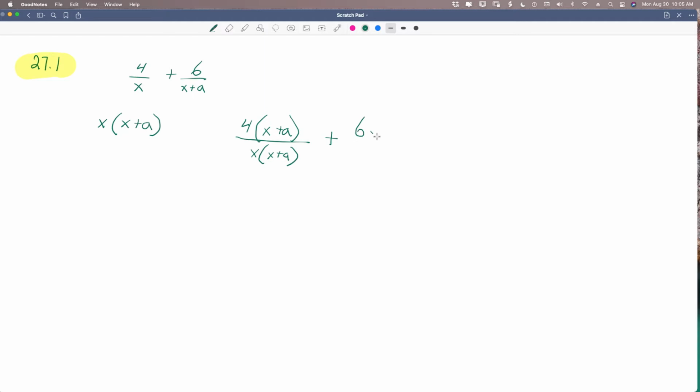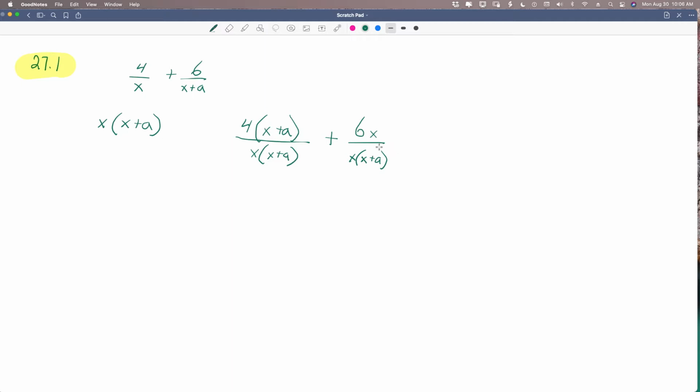So we now have 6x, and then that's over x times x plus a. If I can actually write it correctly. So now they have, and I still want to write x plus a. I don't know why I keep doing that. All right, so now they both have the same common denominator.